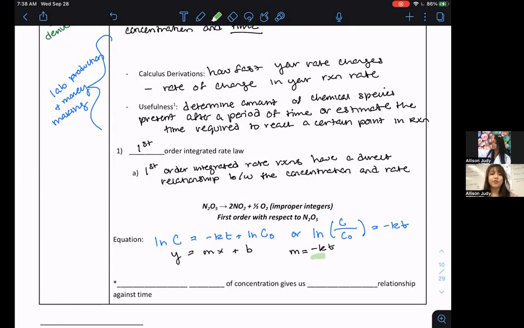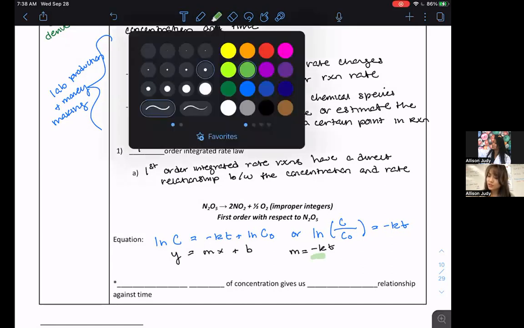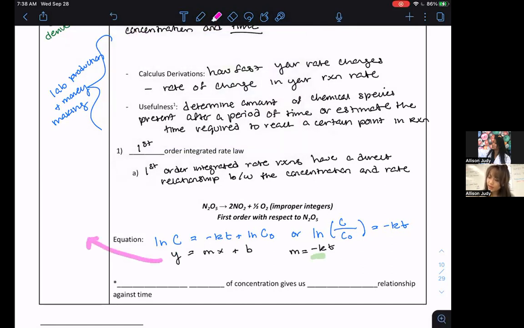And whether or not you're very familiar with integration and natural logs, the y equals mx plus b format is a dream come true for chemists, because when we graph things in y equals mx plus b, we now have what we call a linear relationship, right? Which means we now have prediction capabilities, which is the ultimate goal for chemists, to be able to see the future in terms of the particulate level and behavior.